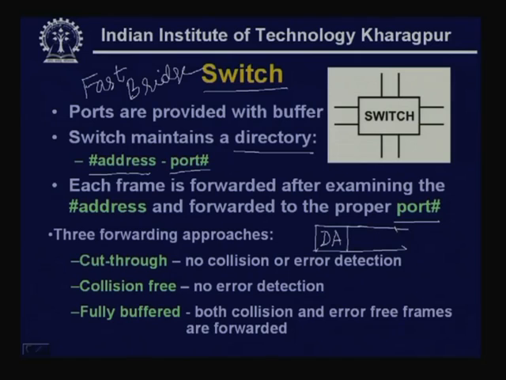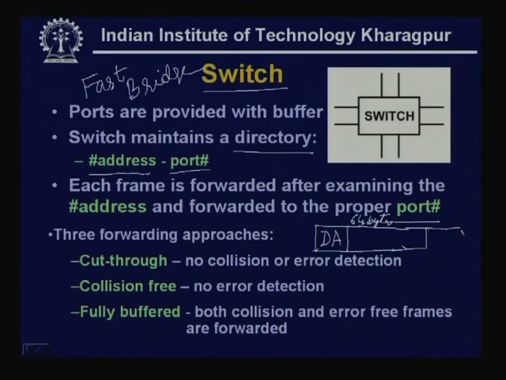On the other hand, to make a frame collision free, particularly in the context of Ethernet, you have to receive at least 64 bytes. So after receiving 64 bytes, if there is no collision, then the frame is forwarded. Then we say that the frame is collision free, but error detection is not performed.